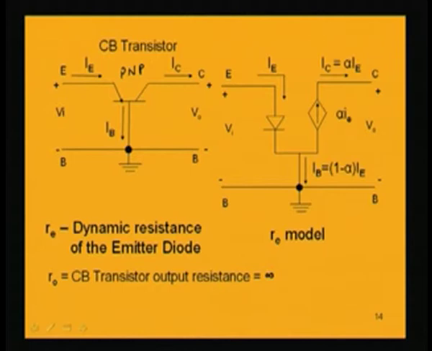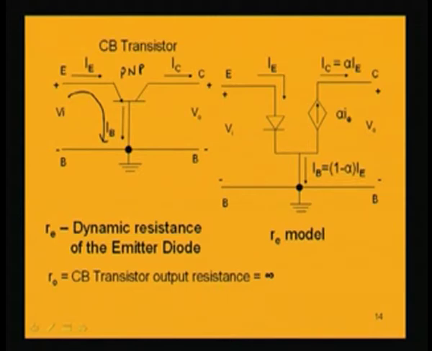So, if we consider this emitter to base part, then this part is a forward biased diode, and can be represented by a diode which is forward biased. So, this is a PNP transistor. Obviously, forward biasing means this P will be connected and N will be connected in this fashion. This is P, this is N, it is forward biased by this voltage.